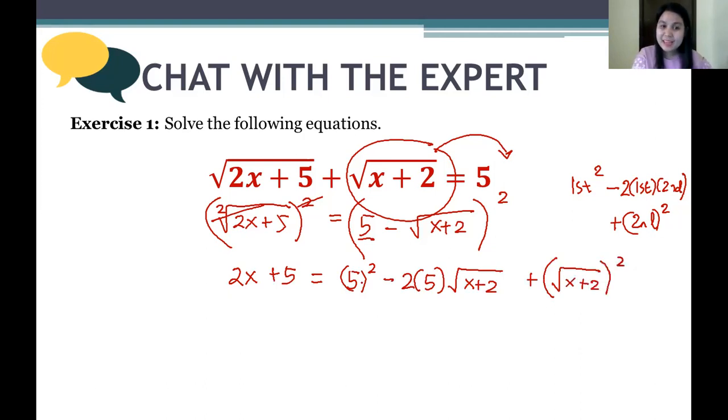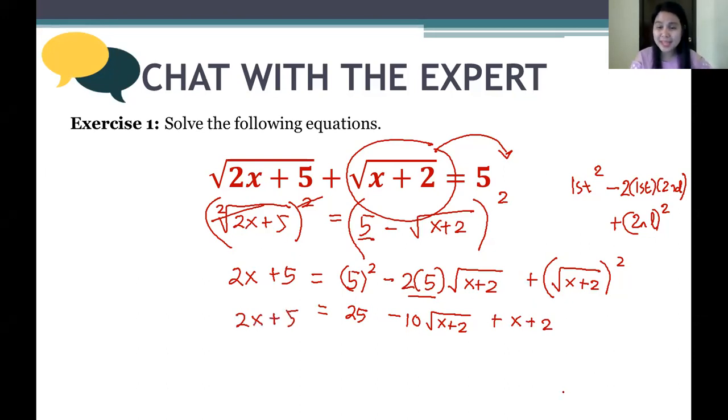Here, let me first simplify the right-hand side. 5 squared is 25 minus 10 square root of x plus 2. Then we'll have x plus 2 in the end. In the left-hand side, we have 2x plus 5.